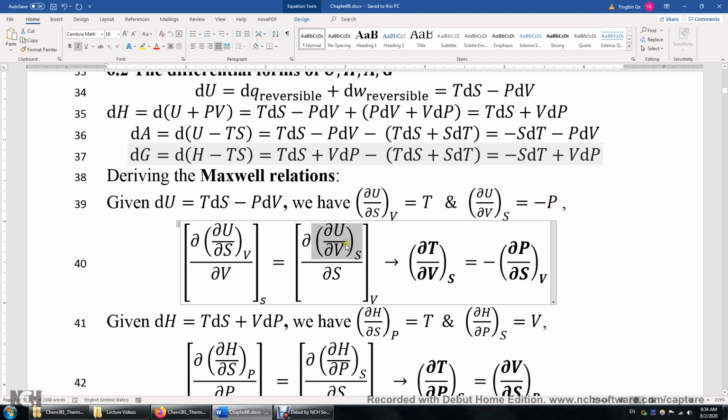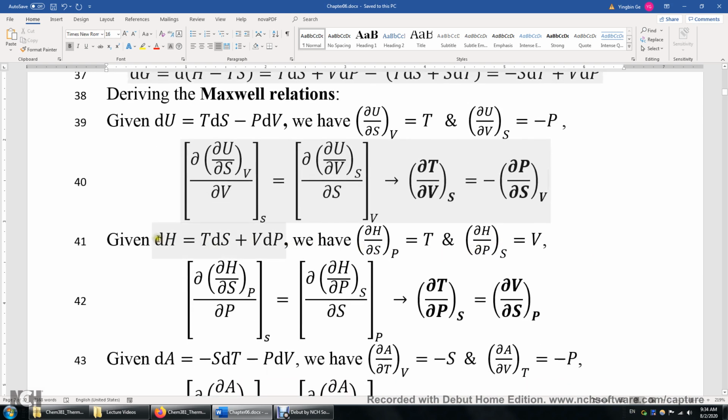That's negative P, so we can replace this with negative P from here. And then we get the first Maxwell relation. Delta T over delta V on the constant entropy condition is equal to negative delta P over delta S on a constant volume condition.